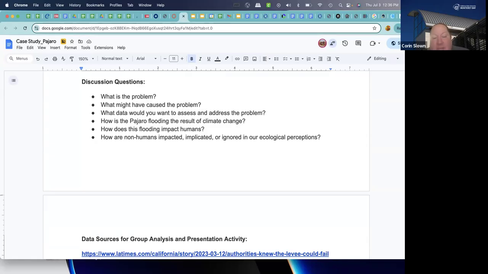It's a great overview. Thank you, Megan. I feel like one of the pieces that I hope these cases highlight is that these are complex. Rarely is it just a single point of impact. An example like the Pajaro atmospheric rivers and the flooding that occurred: there was rainfall and flooding, and then the levees broke, and that caused additional damage.